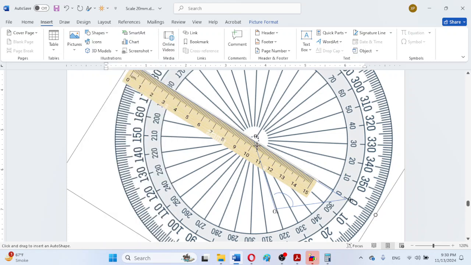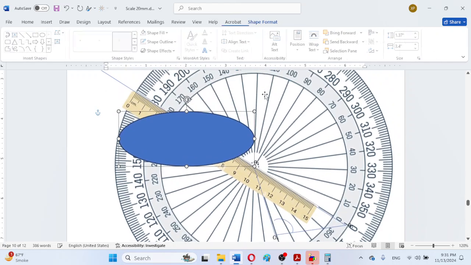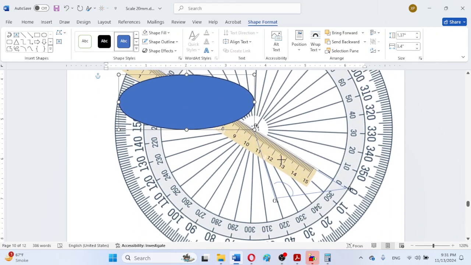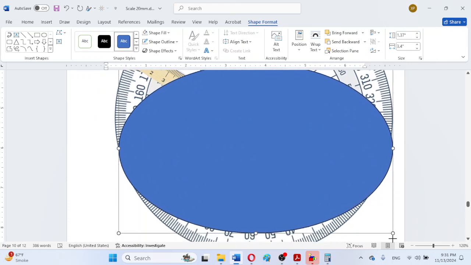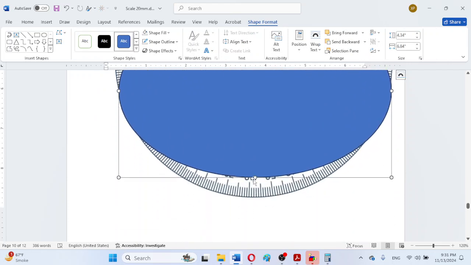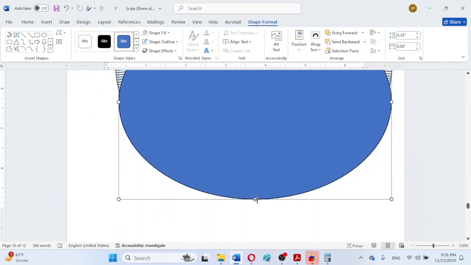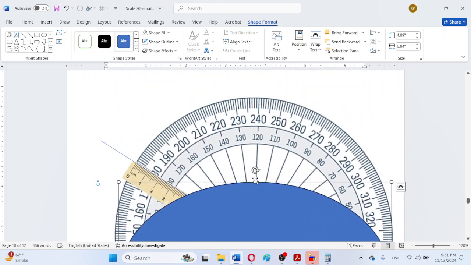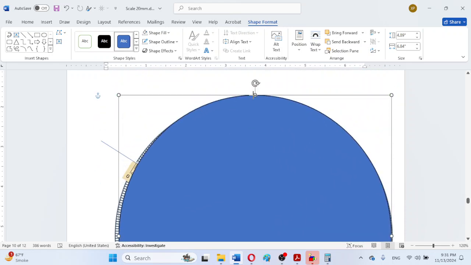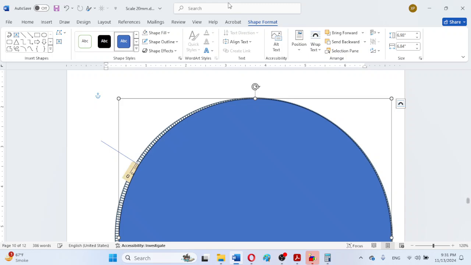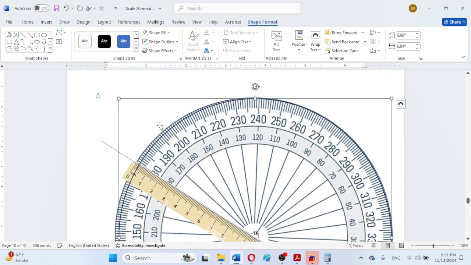So in this way, now we will be going into shapes, and similarly we can just draw, after that we can go into shape fill and select no fill.